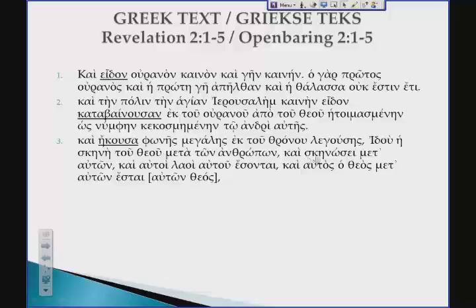And he will tabernacle with them. Literally, you will dwell with them.